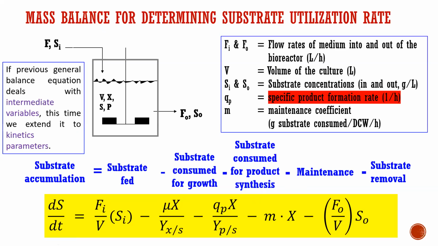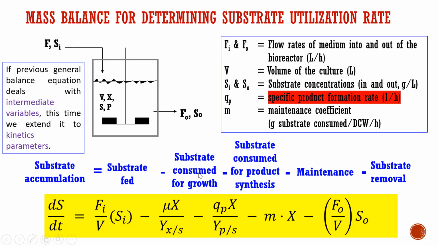So substrate utilization or consumption is usually for these three purposes. To be more accurate or specific, we incorporate this in the equations. So how do we get this statement, which we call the conceptual model?